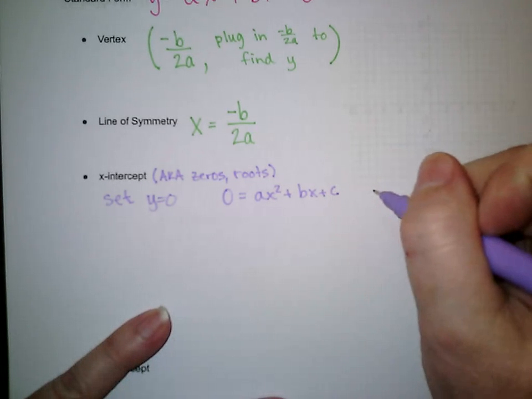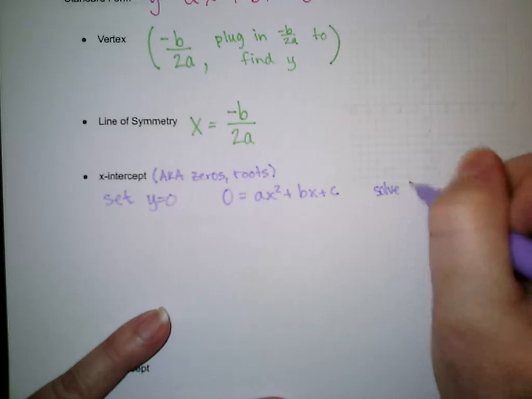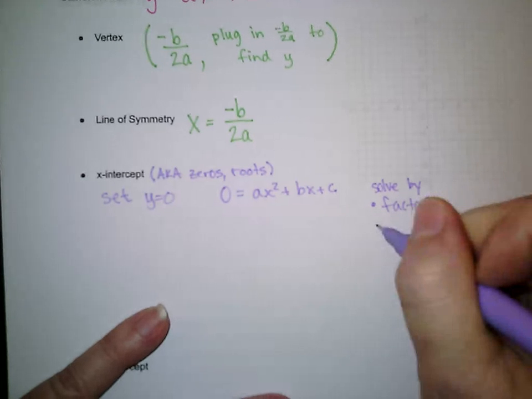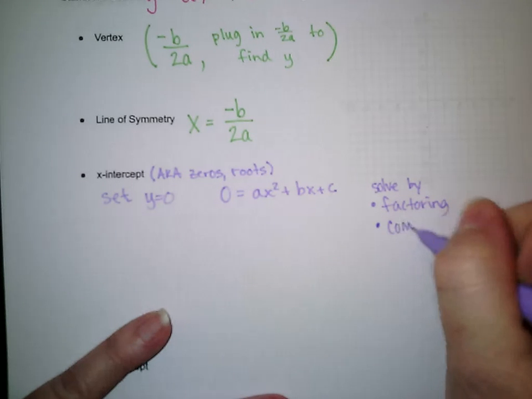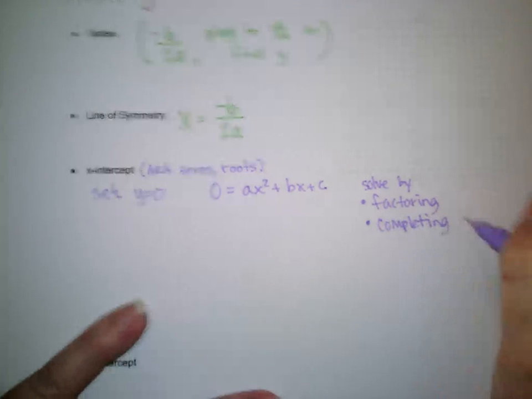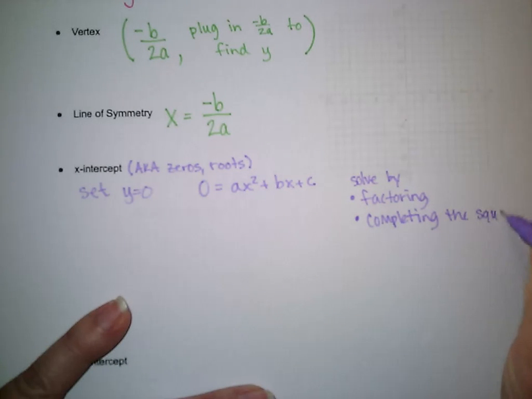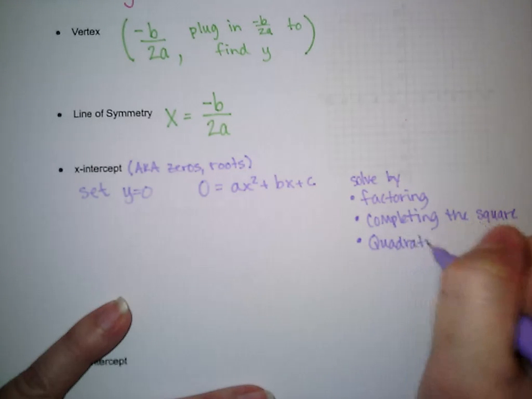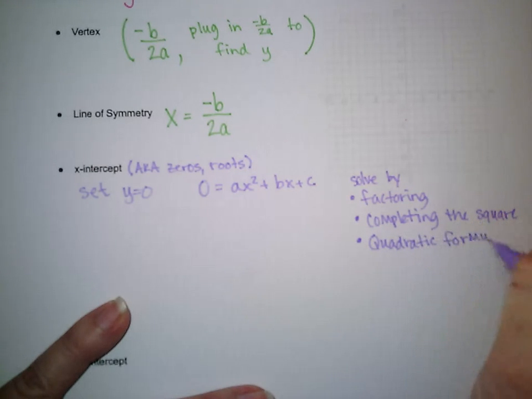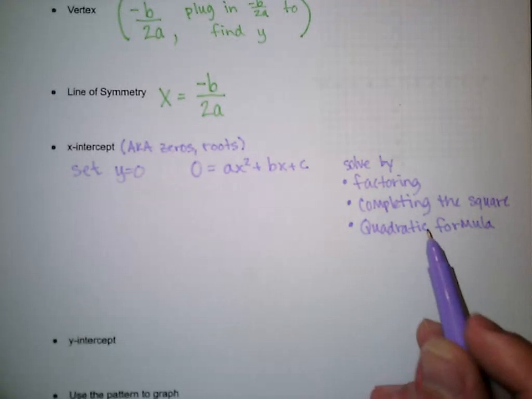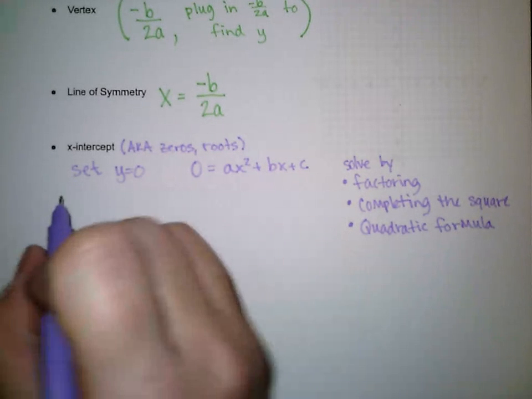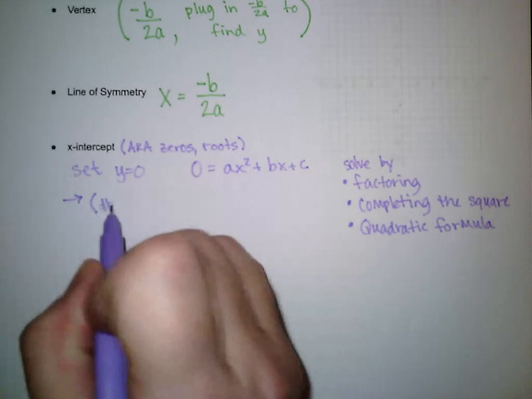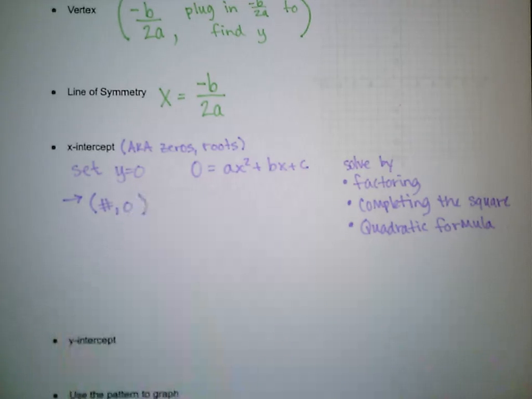So we will solve that by either factoring, completing the square, or quadratic formula. We're going to talk about quadratic formula again in a moment. So hold that thought. The x-intercept, remember that it has to be in the form number, comma, 0.